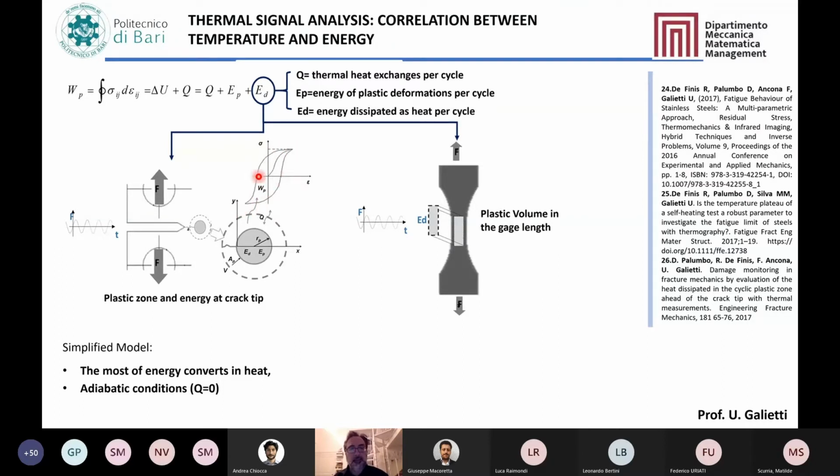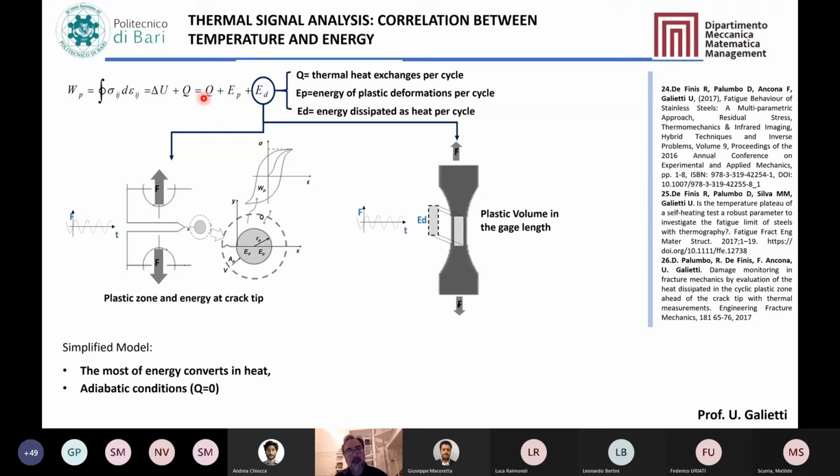A hysteresis loop will come up with a shape that is related to the load and the material state, and eventually to the change of material characteristics with time. But I mean, here you can see which is the energy balance.